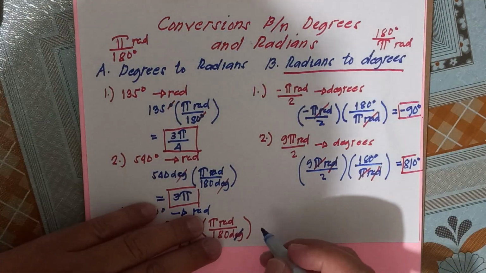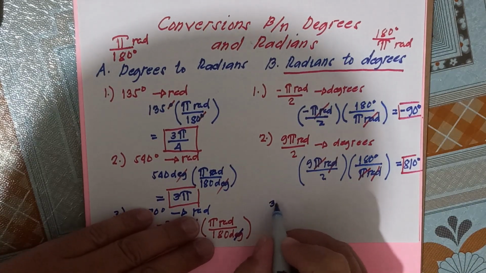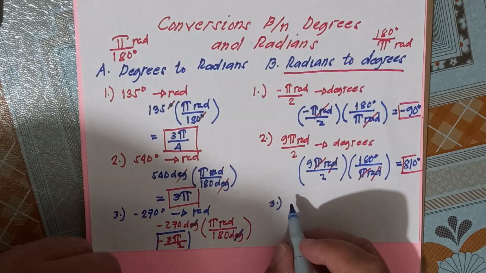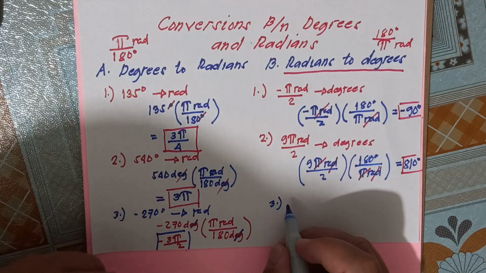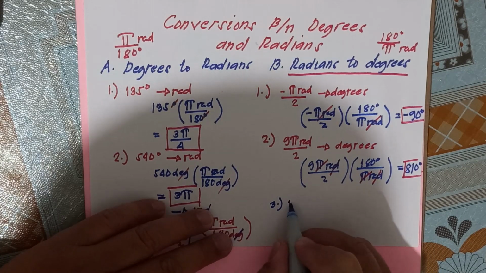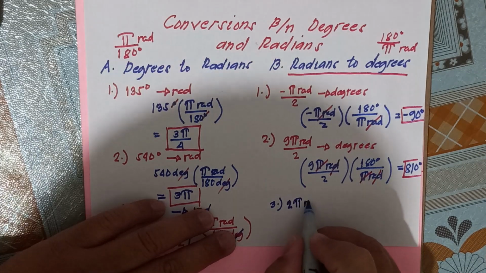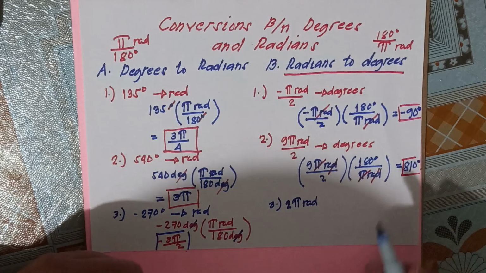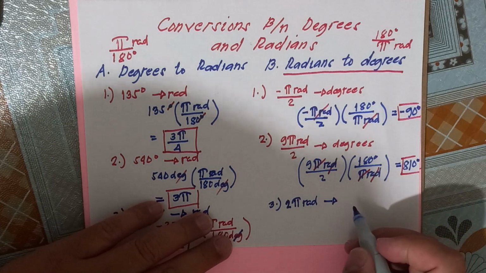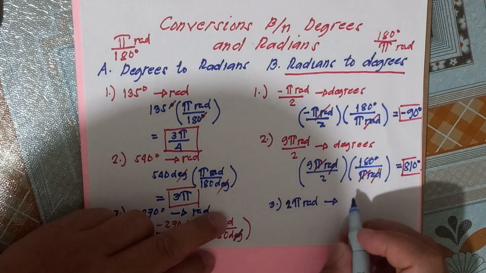Now what about this one? A very simple one. My very simple problem is we have 2 pi rad, and we'll convert it into degrees.